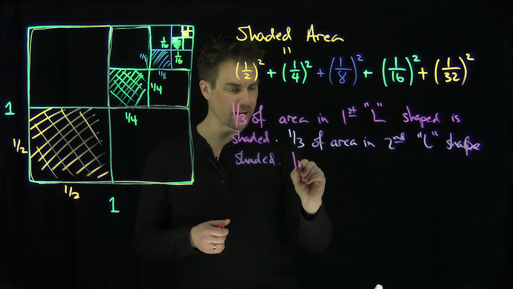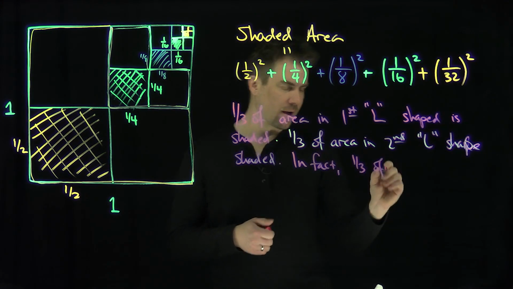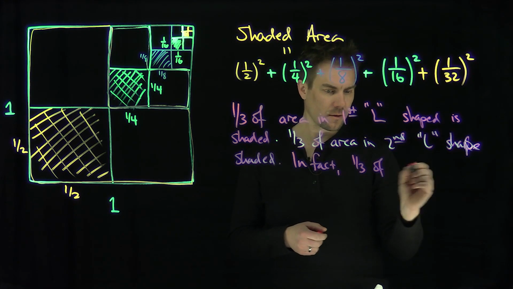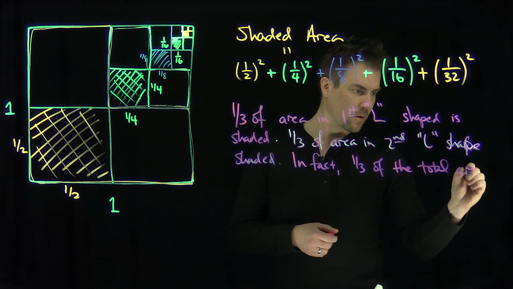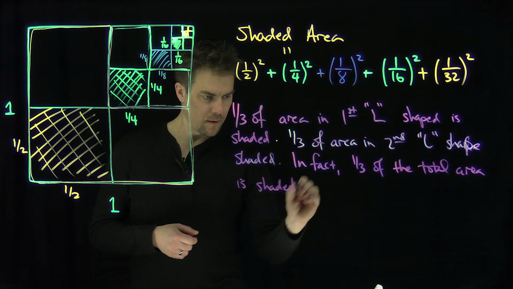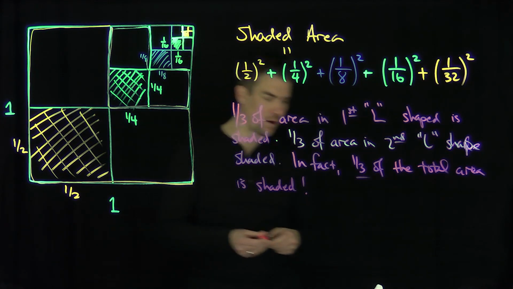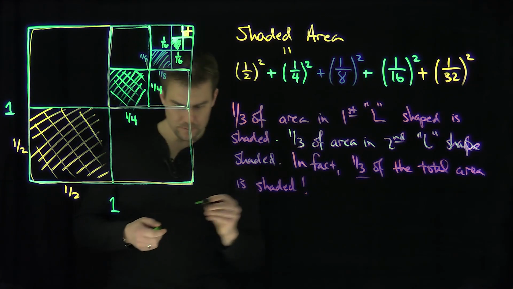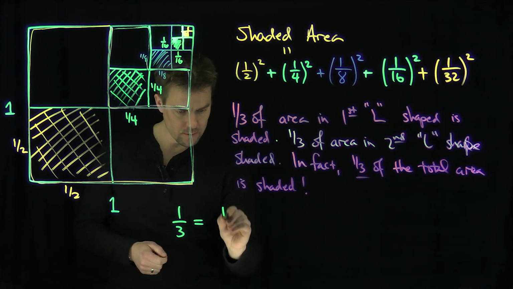In fact, 1/3 of the total area is shaded. So I can conclude from this configuration that 1/3 is equal to 1/2 squared, and so on.